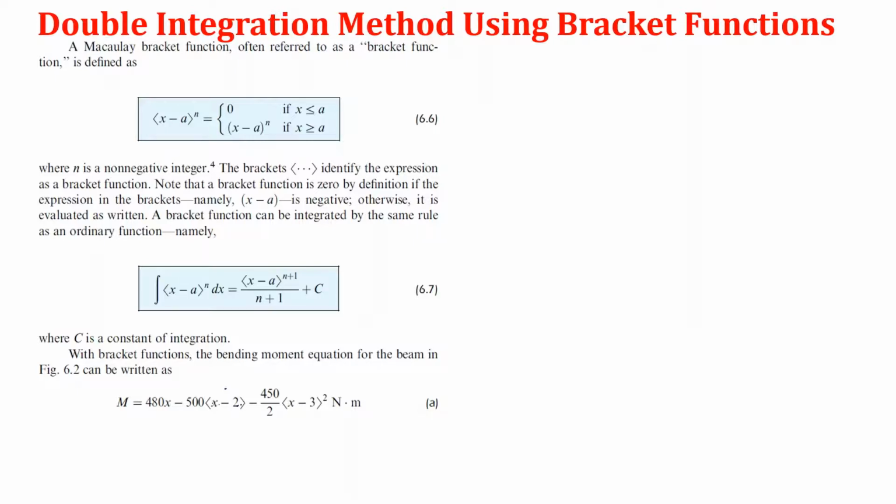For example, when x is 1, if we substitute into the moment equation, we look at the bracket. Here, 1 minus 2. In the Macaulay bracket function, if the answer in the bracket is negative, it is no longer considered, so it is 0. Likewise here, 1 minus 3 is negative, so it is no longer considered.